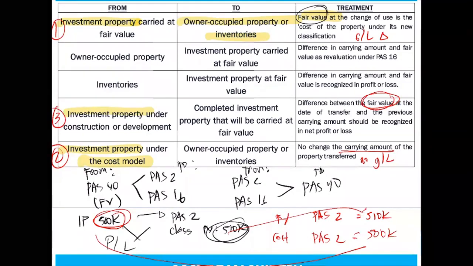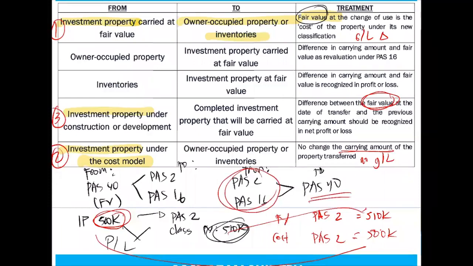Paano naman kung galing dito sa PAS 2 or PAS 16 papunta sa PAS 40? Papunta sa PAS 40. We will measure it at fair value. So ito yun, number 4. We will measure it at fair value. Any difference will be included as part of your gain or loss, either as revaluation or as a gain or loss under profit or loss.